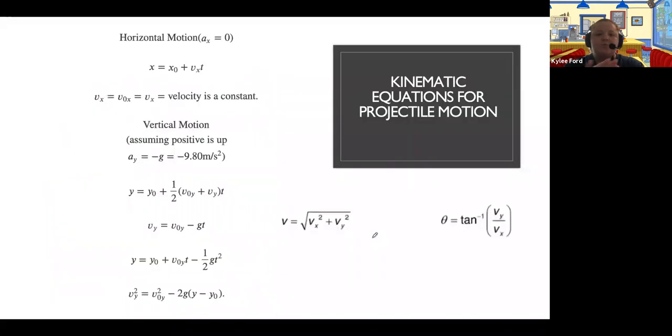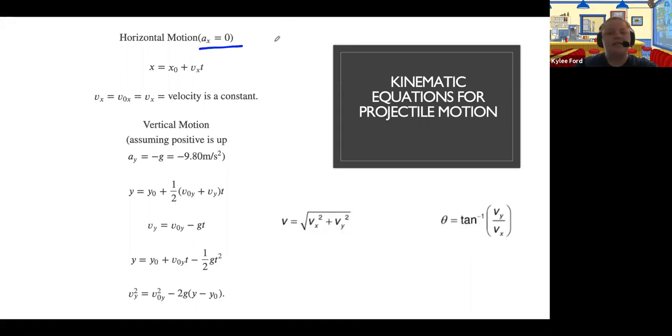All right, so I wanted to give you guys a list of our kinematic equations for this projectile motion. It's kind of a lot, but I want to dissect it a little bit at a time. Let us first go to our horizontal motion. Our horizontal motion says that our acceleration in the x direction is 0.